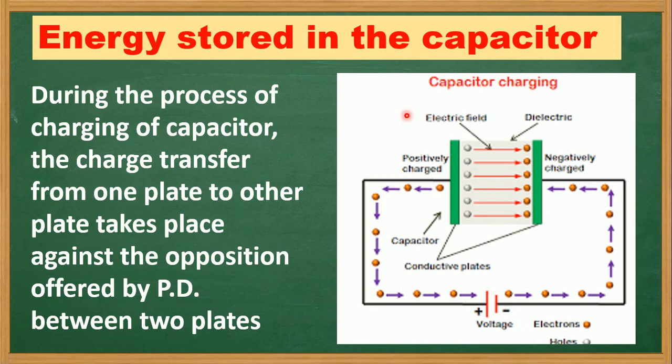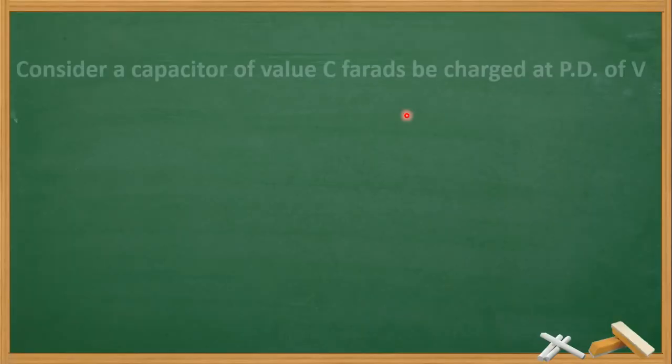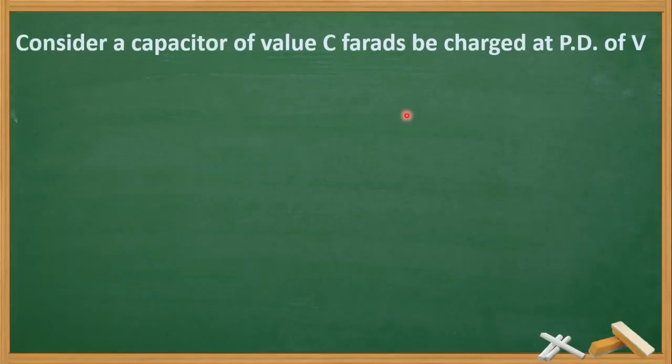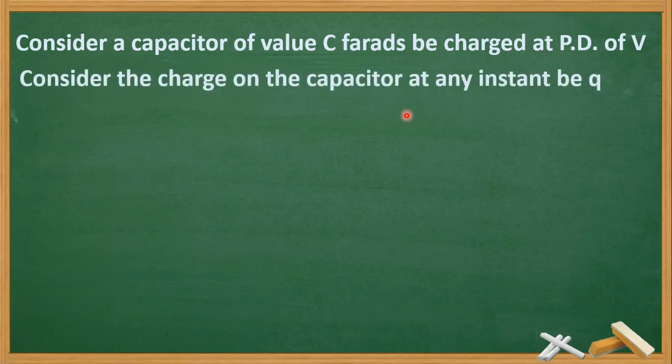So we can see here, consider a capacitor of value C farads be charged at a potential difference of V. Means the battery having a potential difference or voltage V is connected across a capacitor having capacitor value C. Consider the charge on the capacitor at any instant be q.